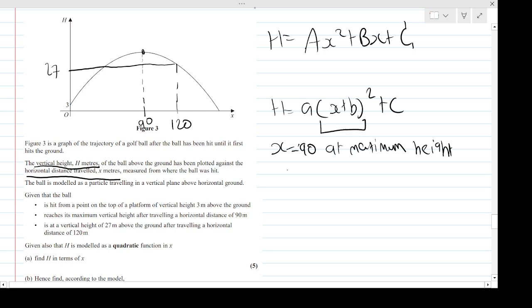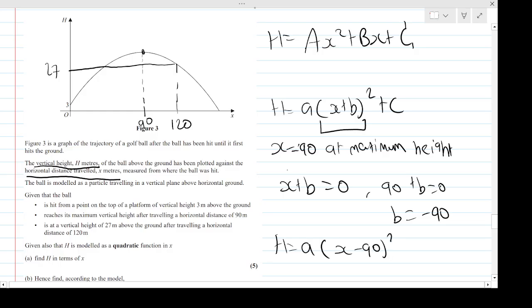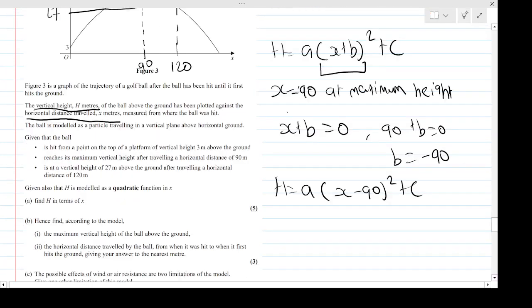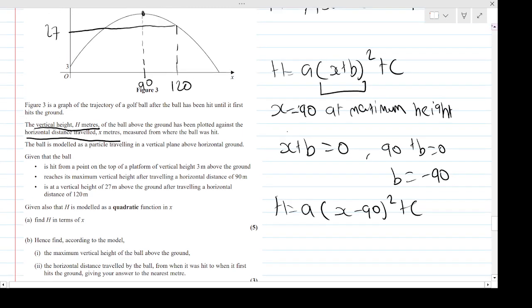When the maximum height happens, that means the whole bracket is set to 0. So if x is 90, then x plus b has to equal 0. We know that happens when x is 90, so that means 90 plus b is 0. Therefore, b is minus 90. So we can fill that in to then say h is a lots of (x minus 90) all squared plus c. So we found b already. Cool. We're off to a good start.